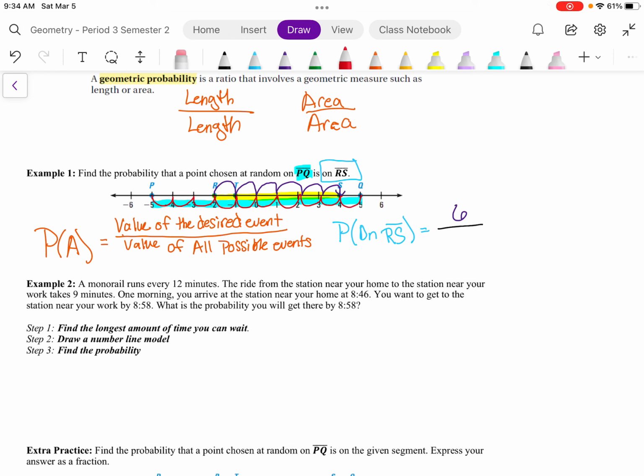So there's a total of 10 spots that PQ can land on. And when you find the probability, you are going to want to simplify it as a fraction. So we're going to divide these by the greatest common factor of 2, and we're going to get 3 over 5. So the probability that we land on RS is 3/5.